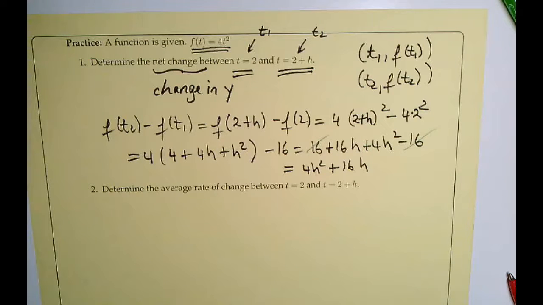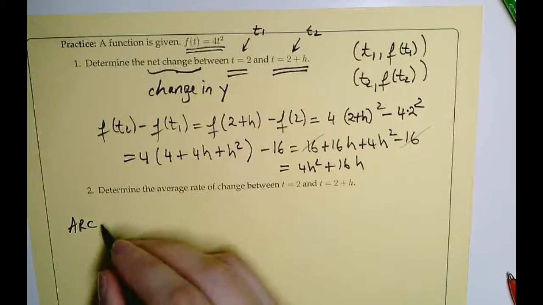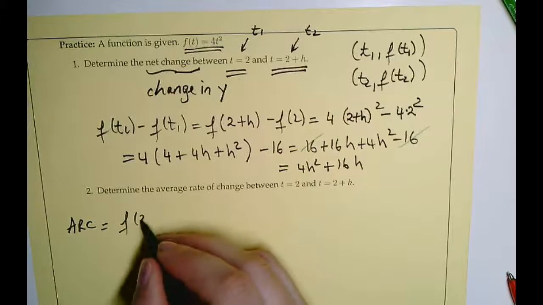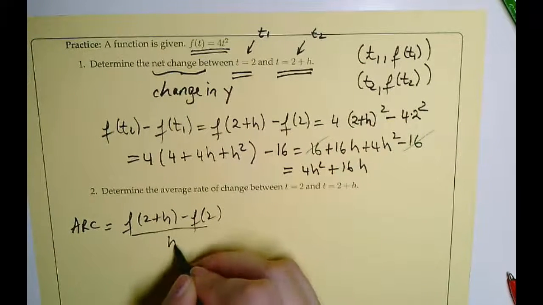Now determine the average rate of change between t equals 2 and t equals 2 plus h. This is just going to be f of 2 plus h minus f of 2 over h.